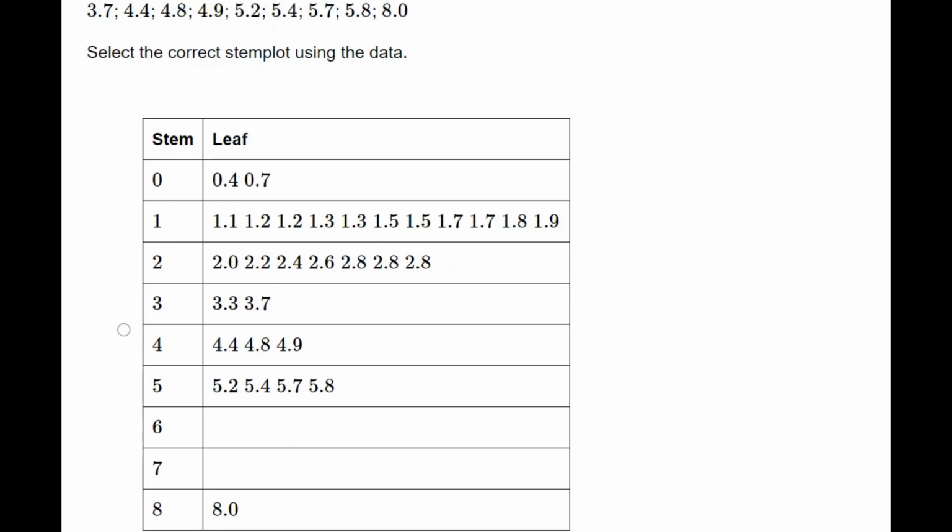Now 0 has already been entered as a stem, so we don't need to enter 0, we only need 4 as the leaf. Similarly, in 0.7, 0 has already been entered in stem, so we only need to enter 7 here. So this representation of stem and leaf graph of the data is definitely wrong. So we move on to the next option.